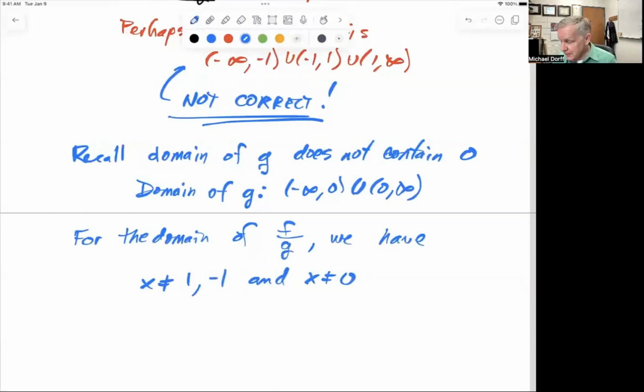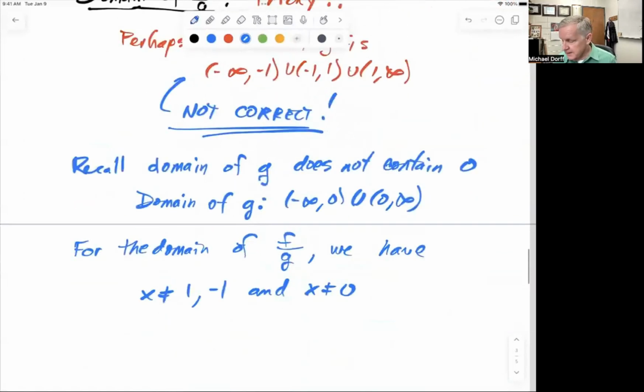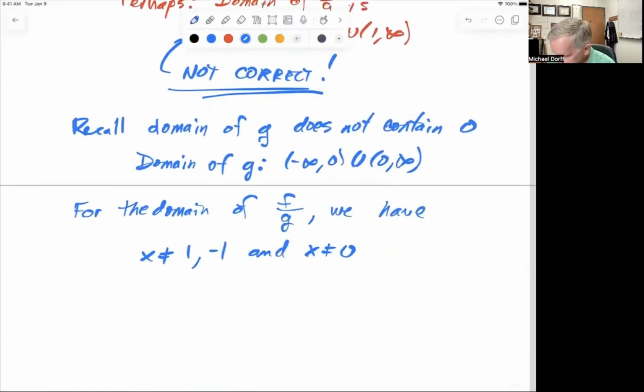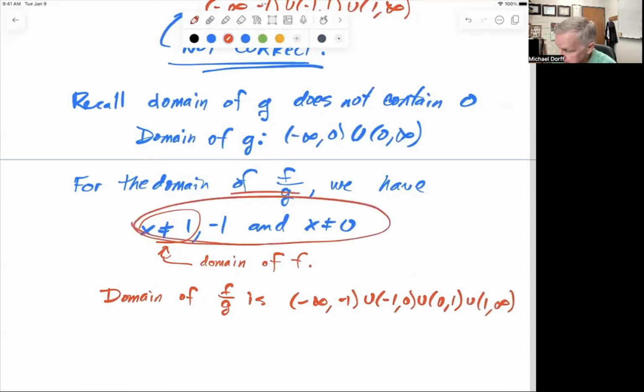Well, it's already there, because remember, f is 1 over x minus 1, so f doesn't contain 1, and this is part of the domain of f there. So it's already included in what we have. So the final answer would be the domain of f over g is negative infinity to negative 1, union negative 1 to 0, union 0 to 1, union 1 to infinity. It's missing those 3 points that are marked here.